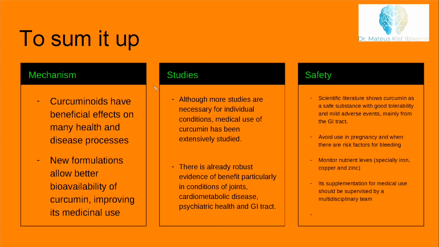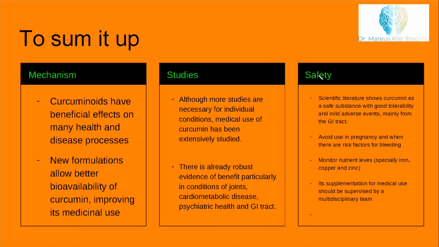About studies of curcumin in human health, in practice. Although more studies are necessary for individual conditions, the medical use of curcumin has been extensively studied for some conditions, and there is already robust evidence of benefits, particularly in conditions of the joints, of cardiometabolic disease, of psychiatric health, and of the GI tract.